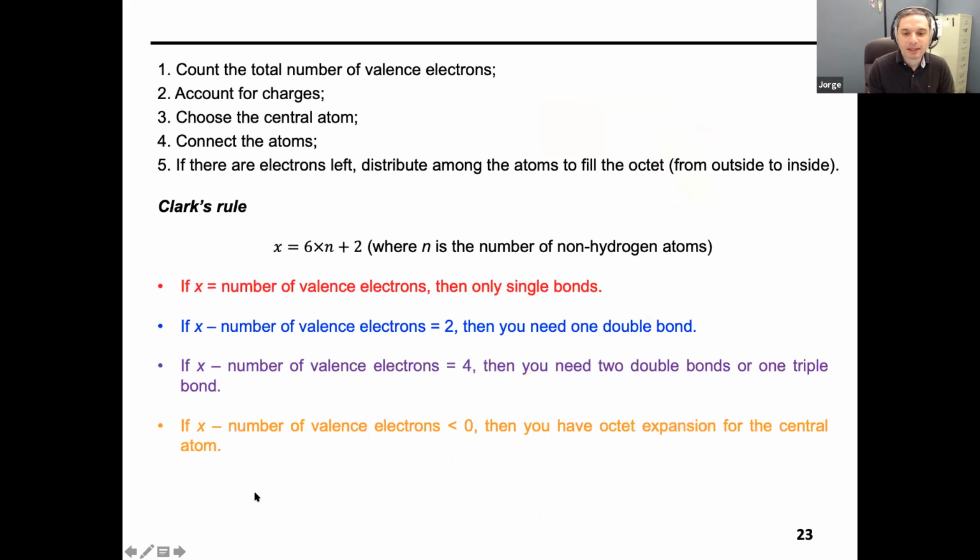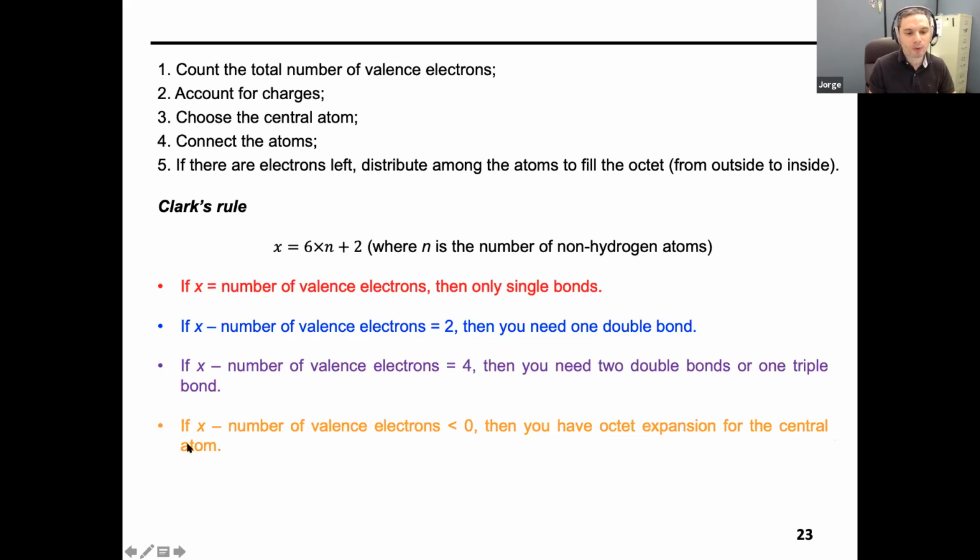Okay, and now we are going to add one more item to the Clark's rule, and this item will help you to decide if you have expansion of the octet or not. For the first part here, we are going to follow the same order, and we are going to add one more item for the Clark's rule.